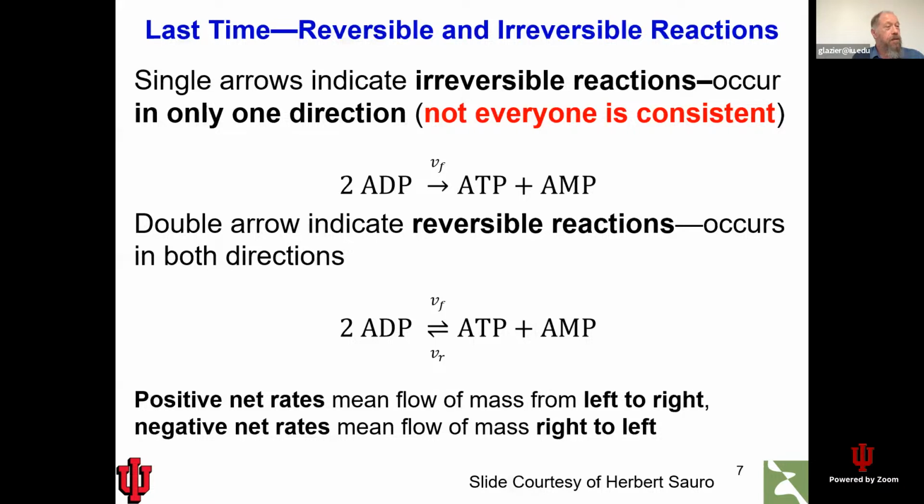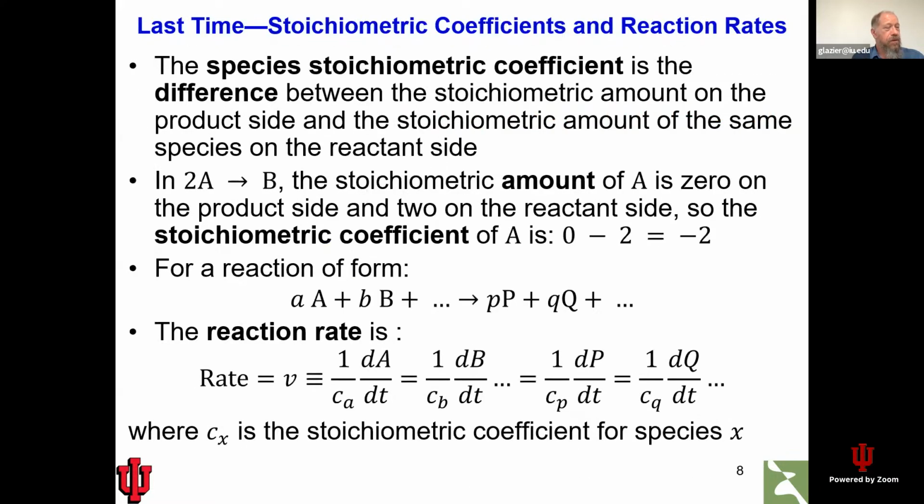If you have, say, two molecules of ADP making ATP plus AMP at some rate VF, you have to know how to use that too. And you can have reversible reactions, and you have to know what to do when you see a reversible reaction as well. There is a straightforward, although not always easy to remember, set of mechanical rules.